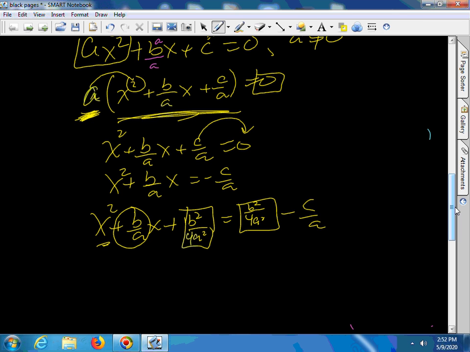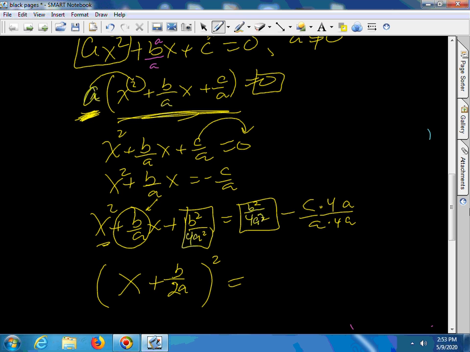Okay, now what's on the left side is a perfect square. It's x plus half of that number, b over 2a, squared. And it is equal to, I'll multiply on top and bottom by 4a.